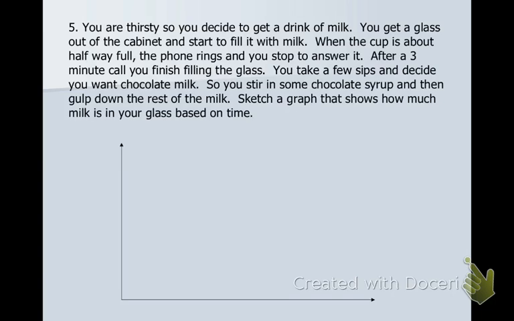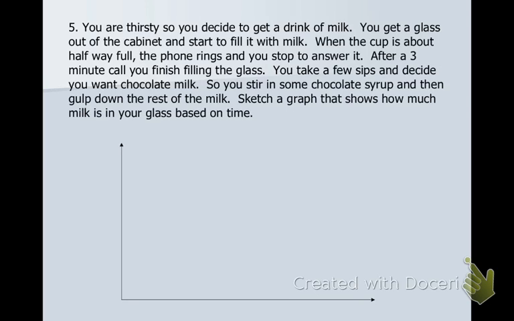Now, to help you in creating your time graph, it would be helpful, I think, to go through the story and highlight the different events that might make your graph change, right? So you're thirsty, you decide to get a drink of milk. You get a glass out of the cabinet and start to fill it with milk.